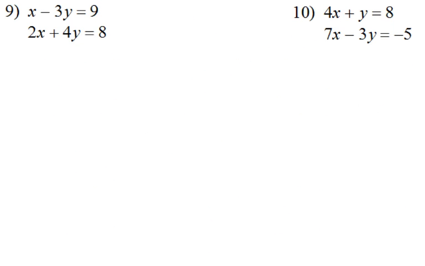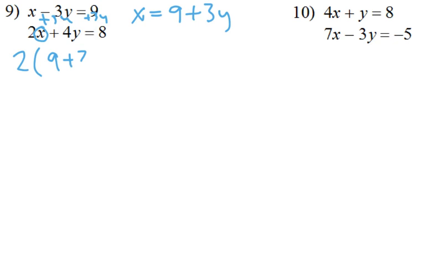Okay, last two. So number 9, I want to solve for x by adding 3y to both sides. So it doesn't matter if I solve for x or if I solve for y. We just want to get one variable by itself. Now I can replace that x with 9 plus 3y. Then we simplify, step 3.